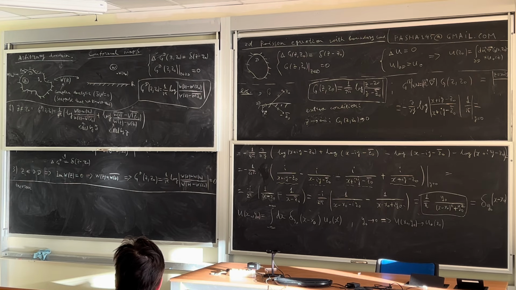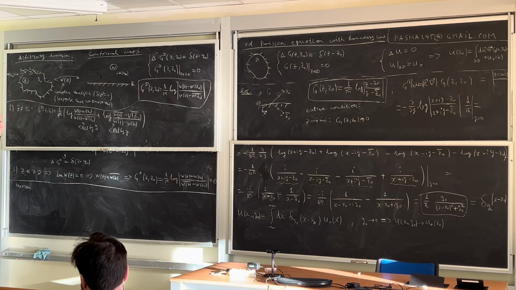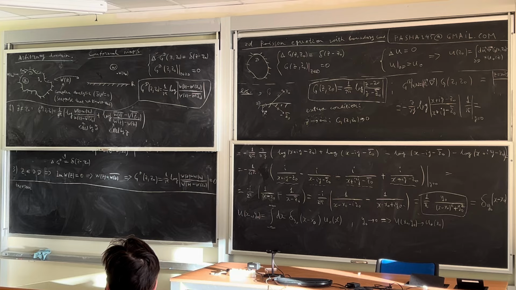And this is enough to see that the codimension of the manifold of domains that cannot be mapped to the upper half plane is 0, and that any small deformation also leads to a domain that can be mapped to the upper half plane.